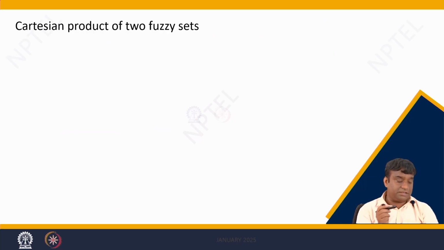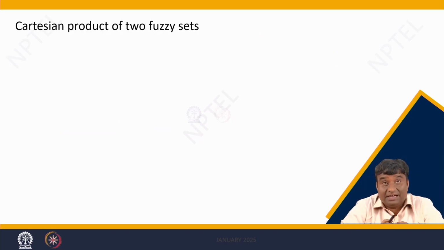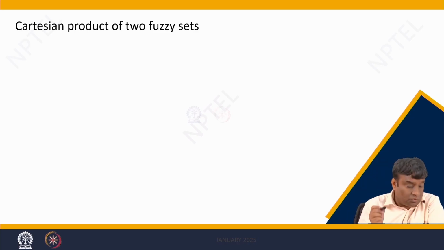Now try to understand the Cartesian product of two fuzzy sets. In the Cartesian product of crisp sets, the elements are ordered pairs, and here we have fuzzy sets.